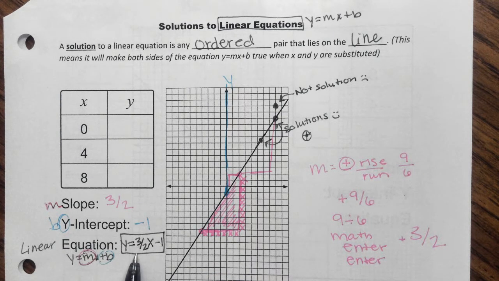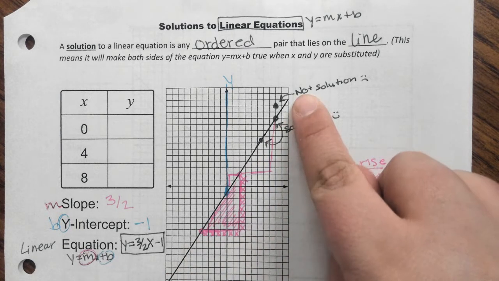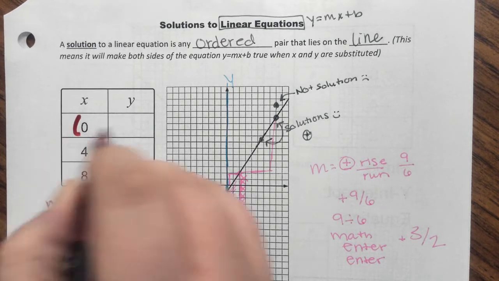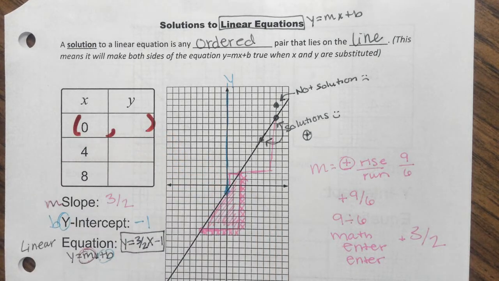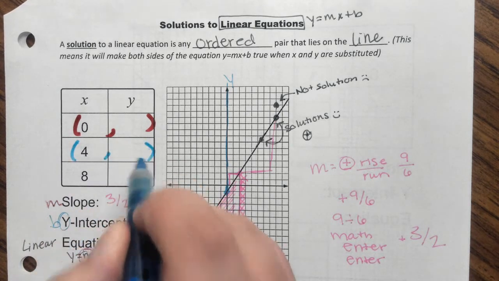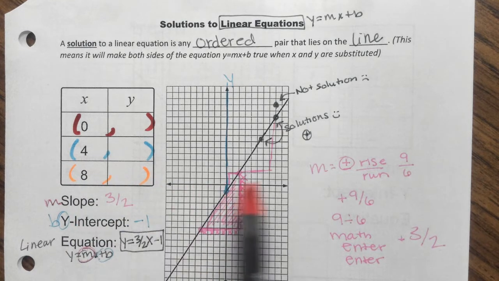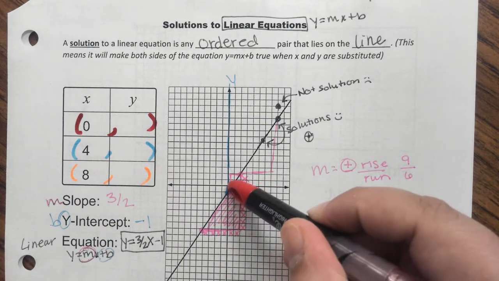That's the linear equation. I want to find some solutions to this linear equation. So that's anything that is on this line. I'm going to find some specific solutions. I'm going to look at when x is 0, when x is 4, and when x is 8. When x is 0, the x-axis goes side to side, so here's 0.